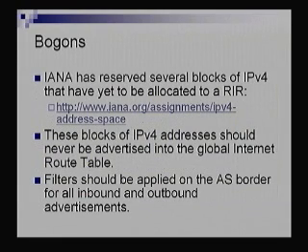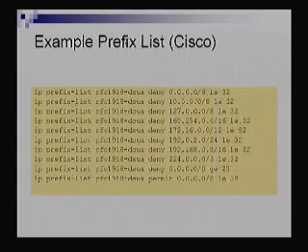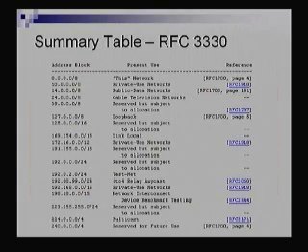Bogons. Oh, Sean, yes. Just to go back to that previous slide, I am putting out an update to RFC 3330. So if you're using that list, then you might want to check the update.